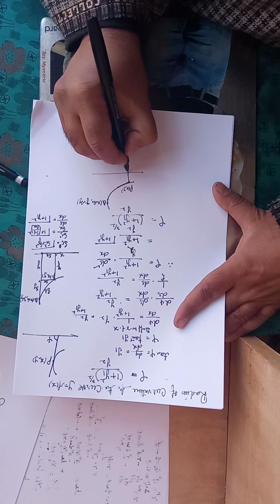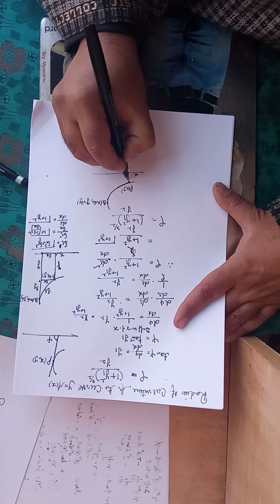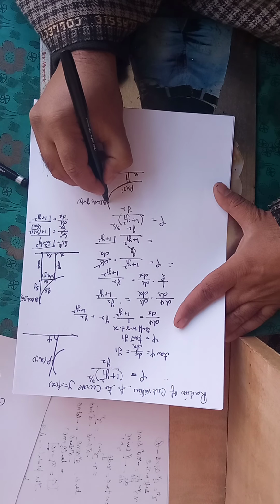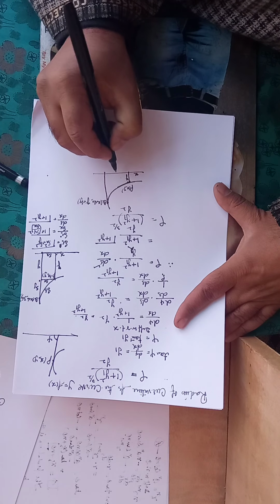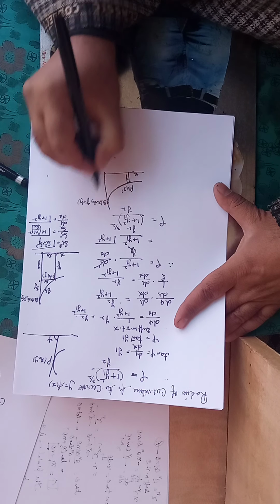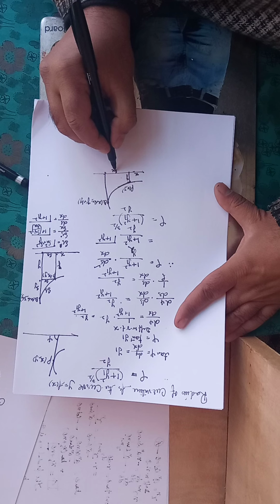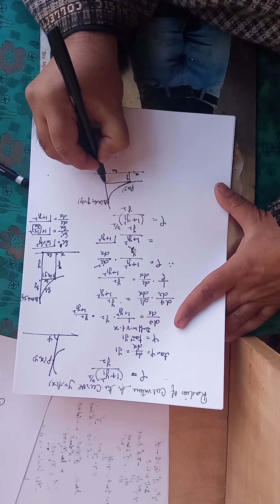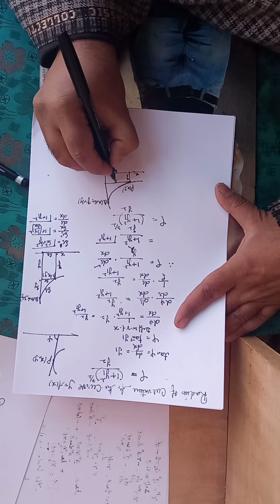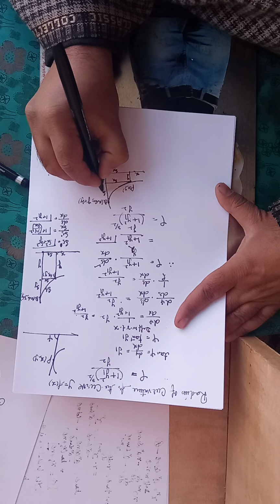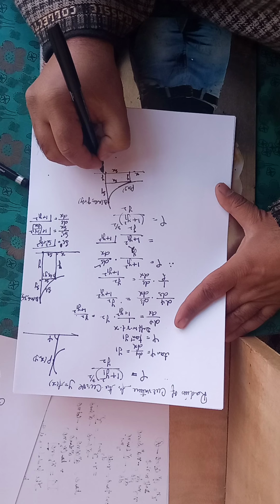You know, this is the x-axis, this is the y-axis. Since this is x plus delta x, this will be delta x. If this is parallel to this, then this is also delta x. This is y, this is y. So this is the increment, this will be delta y, so that sum will be y plus delta y.